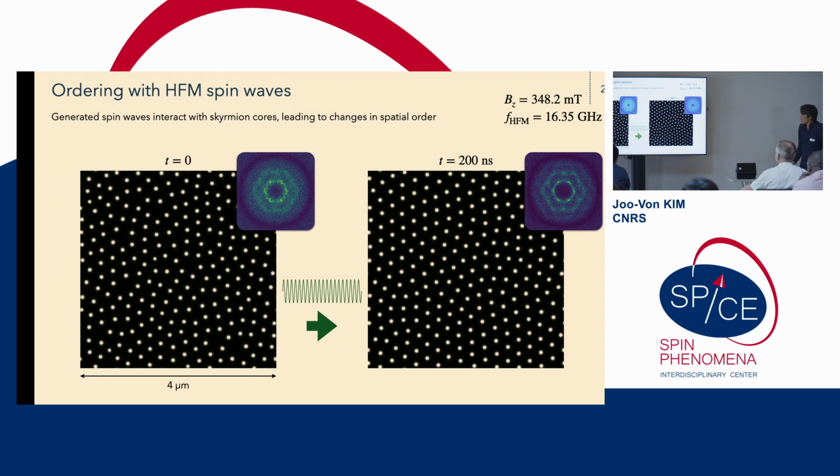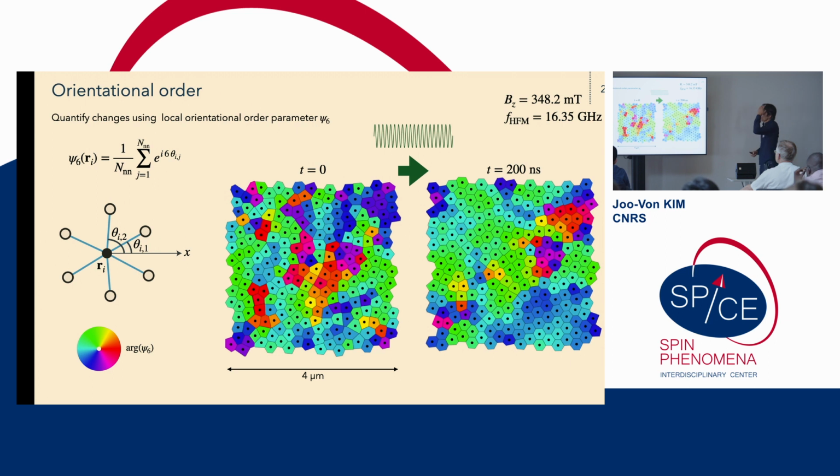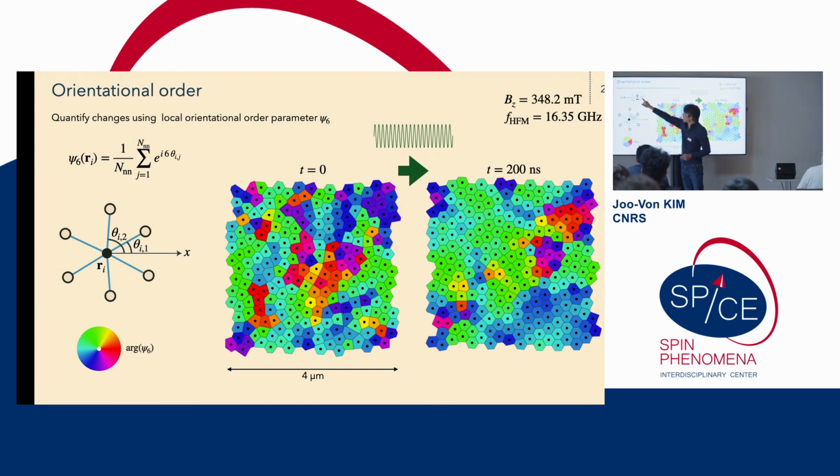And you can analyze this quantitatively using what is called an orientational order parameter. This is given by psi6, where you basically have this phase factor e to the i6 theta ij, where theta ij corresponds to the angle between neighboring bonds based on some reference direction.